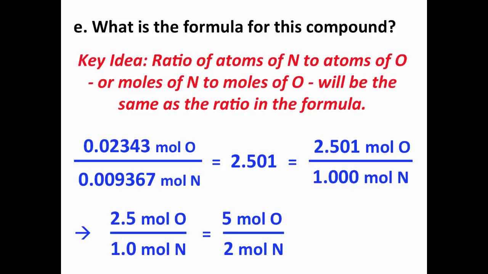And remember that chemical formulas are small whole number ratios of the elements involved. So once we know our small whole number ratio, then we can get our formula, which is there are 2 nitrogens per 5 oxygens, and so it's N2O5 is our formula.